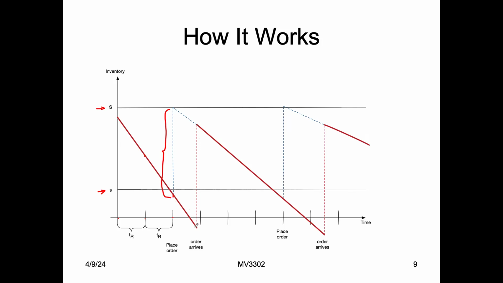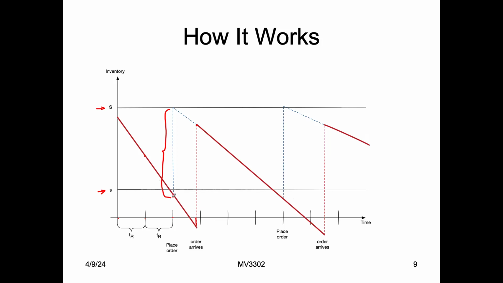That's a back order. So we say, okay, we owe you one. Here we might owe them 10. But then finally the order arrives. And so what we do is we fill the back orders, and then we put the rest in stock. And so now our on-hand amount is here, and we continue like that.